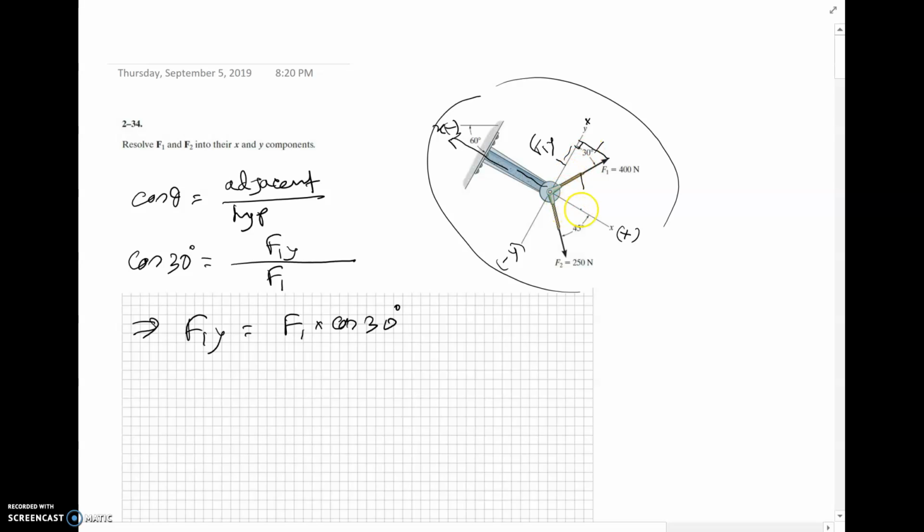And if we take the component on the opposite side, then the component will be the vector multiplied by sine theta.